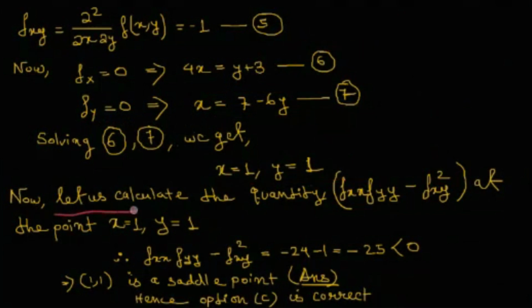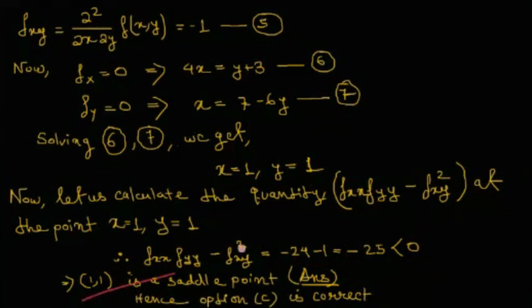Now we will check whether this coordinate x equal to 1, y equal to 1 is a local maximum, local minimum, a critical point, or a saddle point. For that we calculate this quantity fxx·fyy − fxy² at the point x equal to 1, y equal to 1, which on calculating from the expressions we have evaluated earlier turns out to be −25, which is a negative quantity, less than 0.